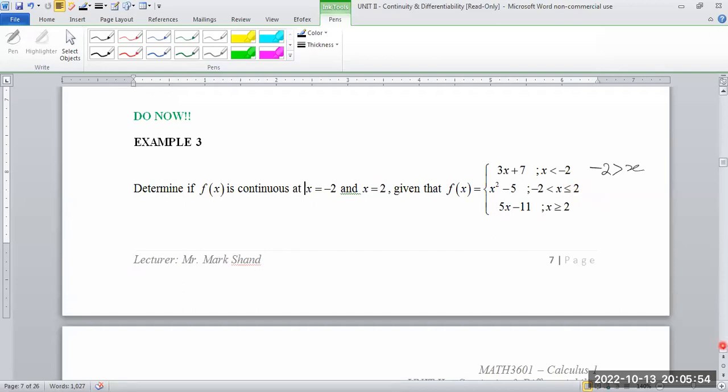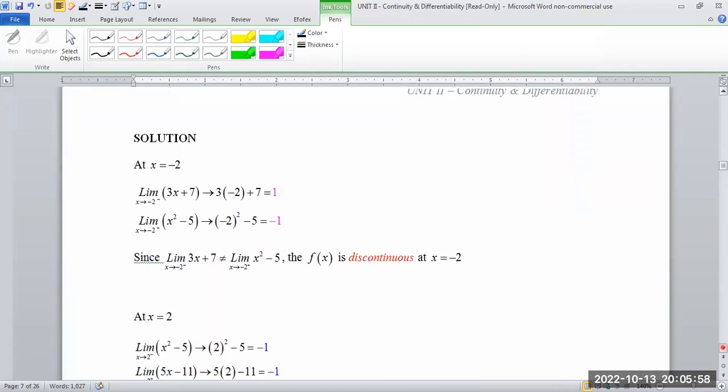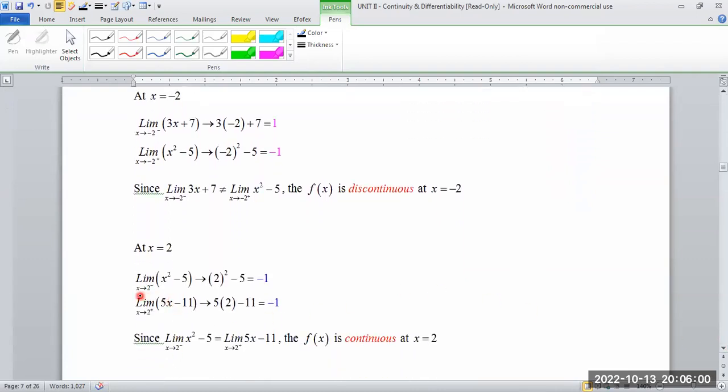So x squared minus 5 is going to be to the left of 2. See here? X squared minus 5 is to the left of 2, and 5x minus 11 is to the right of 2. Now, when I substitute these values for my x variables, I end up getting the same value. Since the limits are equal, then f of x is continuous at x equals 2.